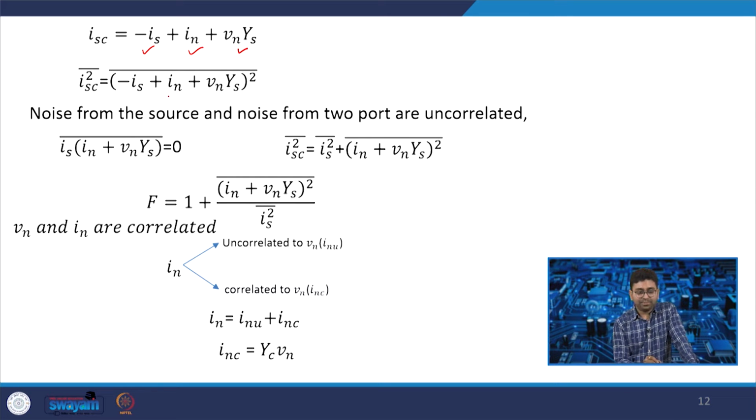If you take the mean square value of the same ISC, you get minus Is square, minus Is plus In, the same value you can keep here. Now when you take the square of this term, there are two parameters that could be correlated: the noise from the source and the noise from the two port.